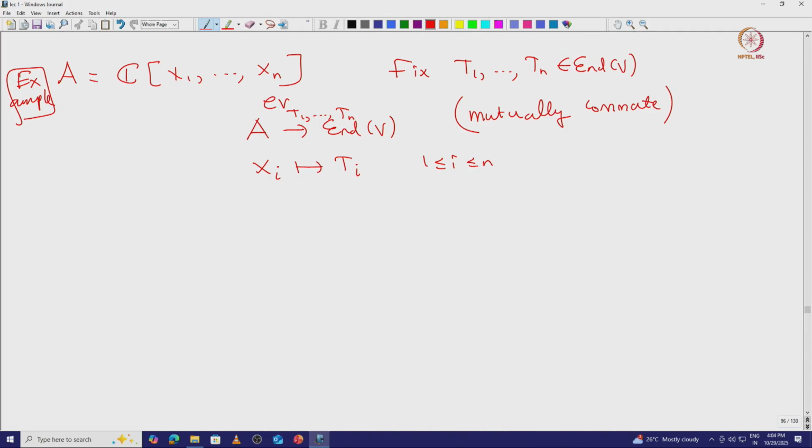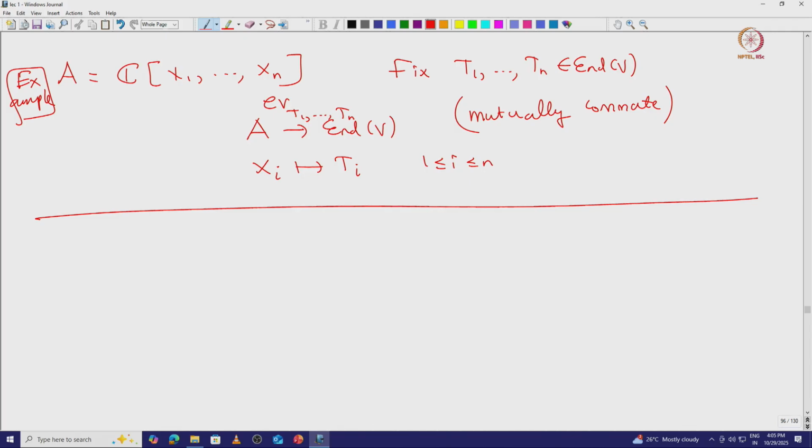When n equals 1, we were dealing with representations of C[x]. We will see more very explicit examples when we specifically work with group algebras, so maybe I will do that later.